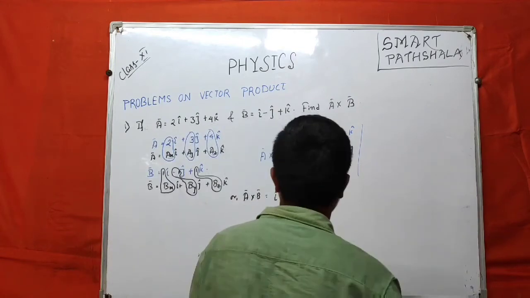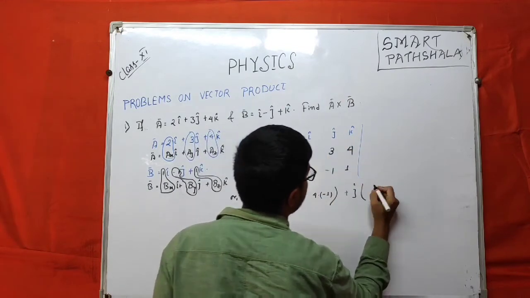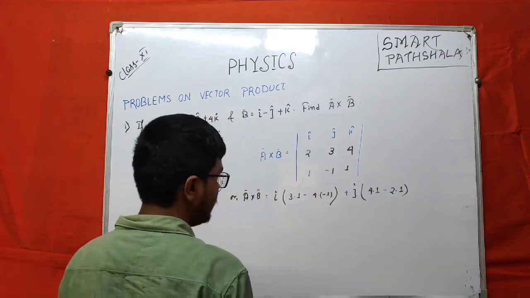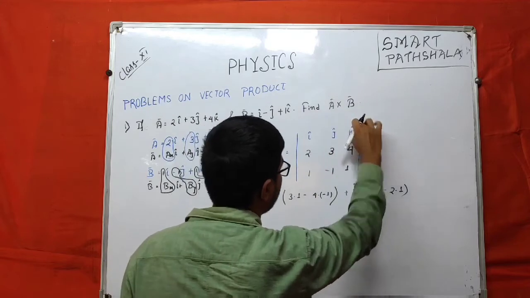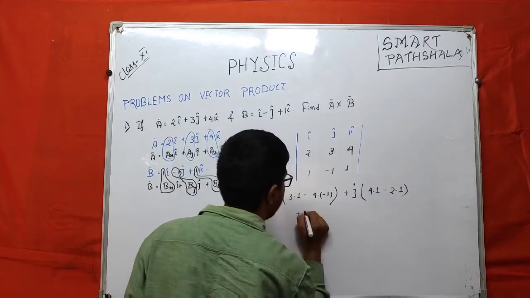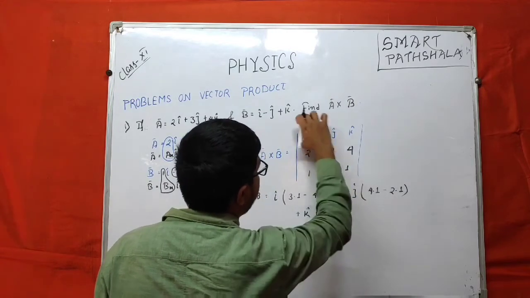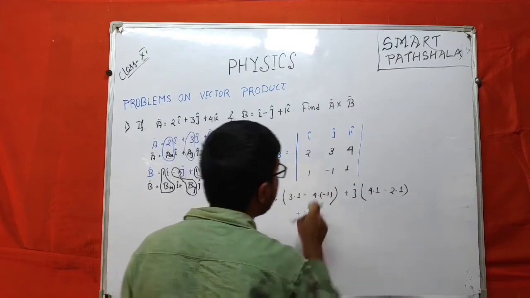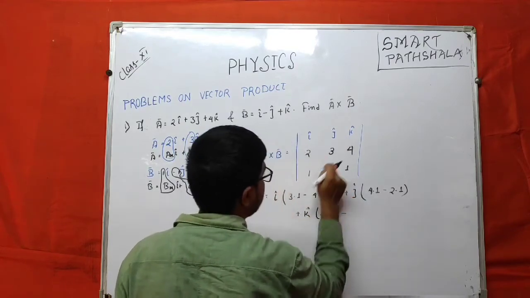Again, plus j cap, this into this minus this into this, 4 into 1 minus 2 into 1. Then k cap. This column and this row are out. Our remaining part is 2, 3, 1, minus 1. What we need to do? 2 into minus 1 minus 3 into 1.